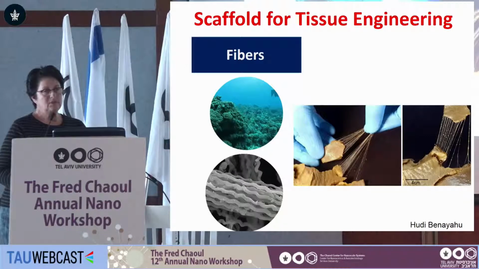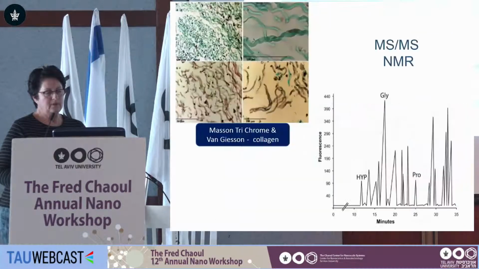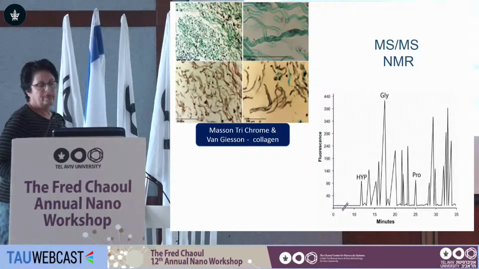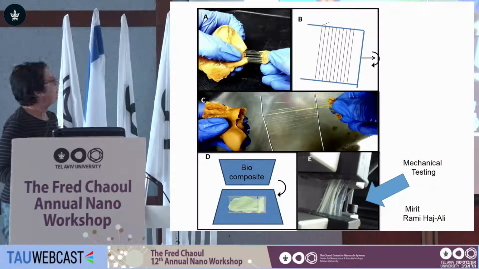And using these collagen fibers, and we have shown that this is collagen by different techniques, mass spectroscopy and NMR, and of course histological staining, a biocomposite can be built up by making these collagen fibers together with hydrogel.